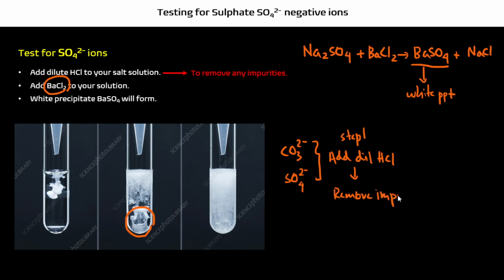If we don't remove any impurities, we will have inaccurate colored precipitates, meaning that if we have a white precipitate, it could be any carbonate instead of barium sulfate. That's why you need to know why we add dilute hydrochloric acid to our salt solution in the first step.